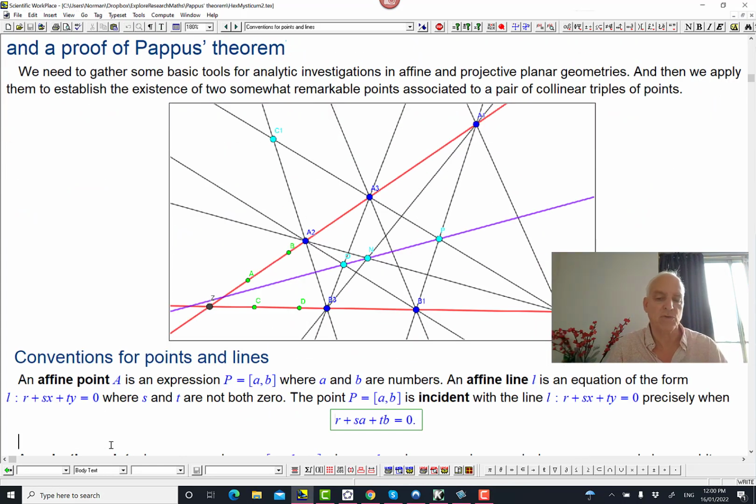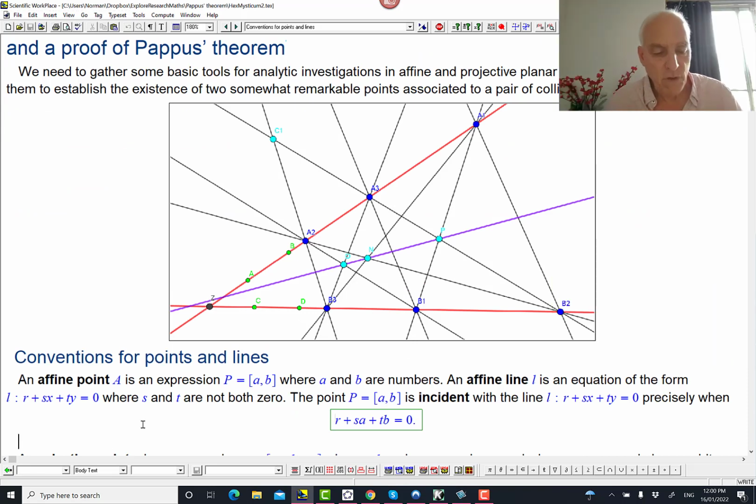Some conventions or definitions. So first of all, an affine point. What do we mean by an affine point? Well, for us, it's an expression of a pair of numbers A and B in square brackets. So square brackets alert us to the fact that this is a point. And typically, a capital letter like P will be used to denote an affine point.